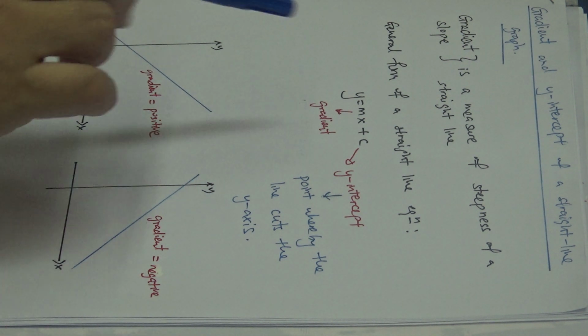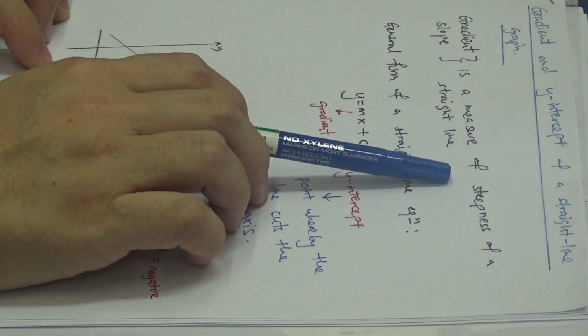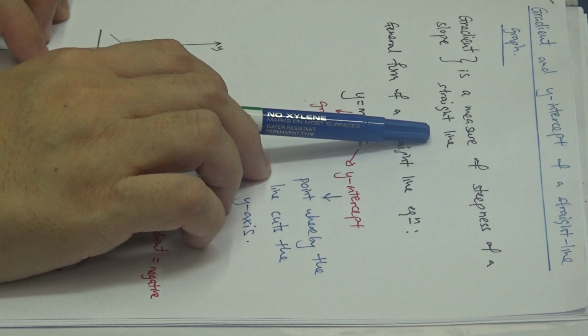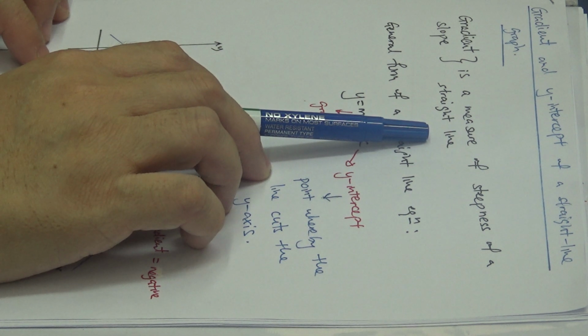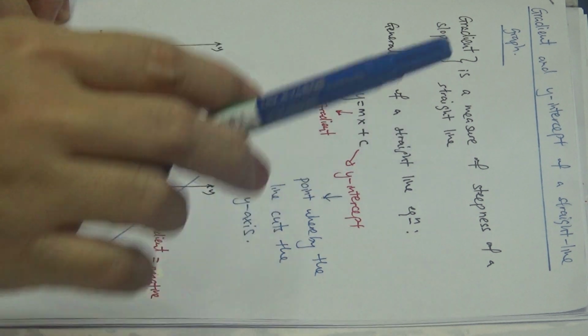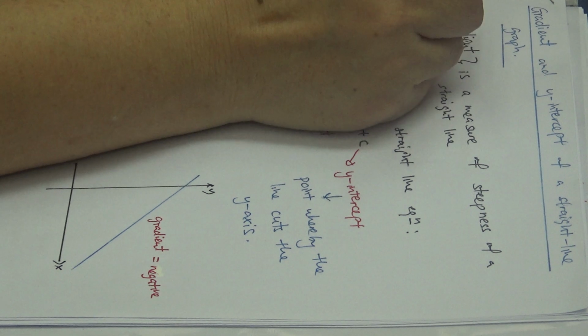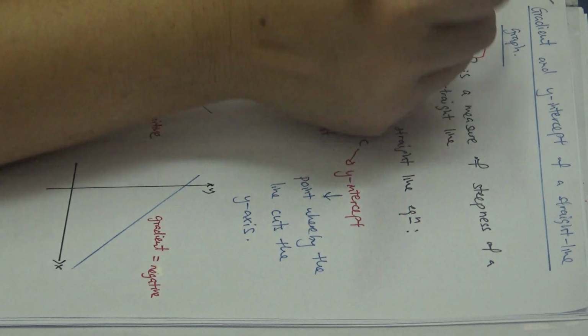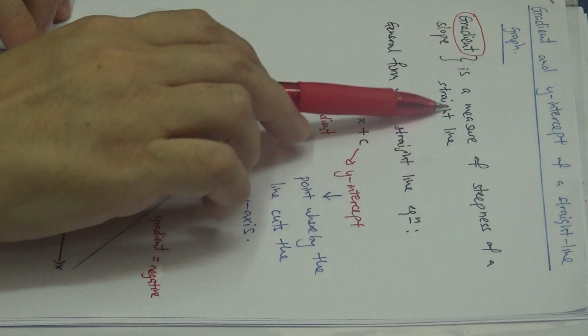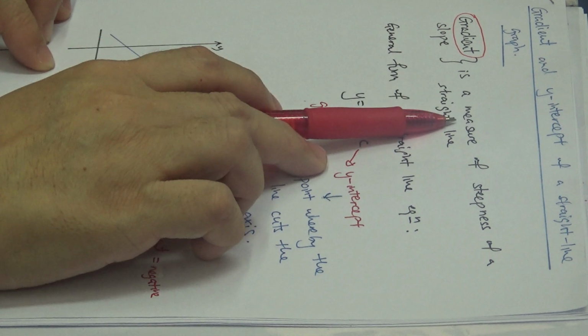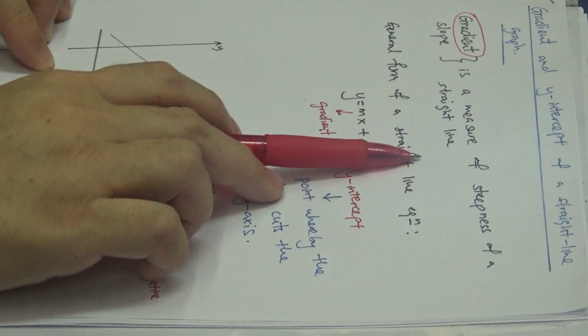A gradient or slope is a measure of the steepness of a straight line. That means how steep is the line. It's measured by what we call gradient. This is the mathematical term that we use to describe the measure for steepness of a straight line.